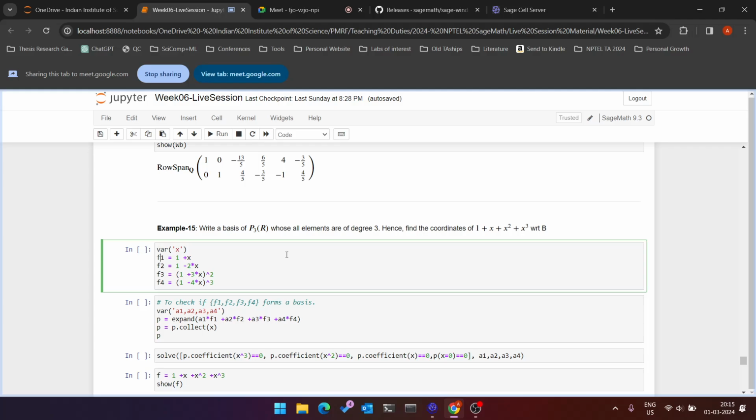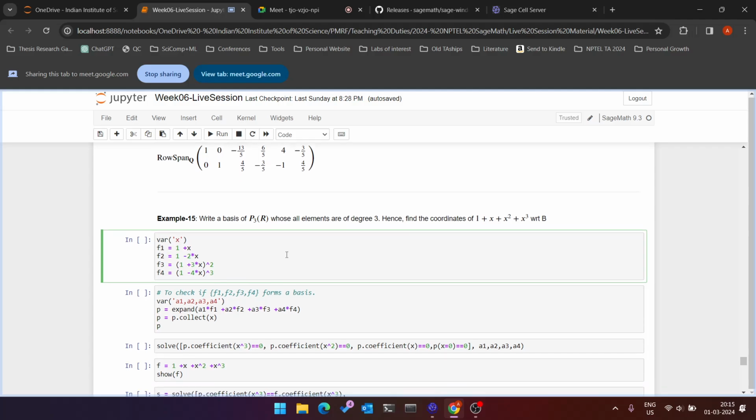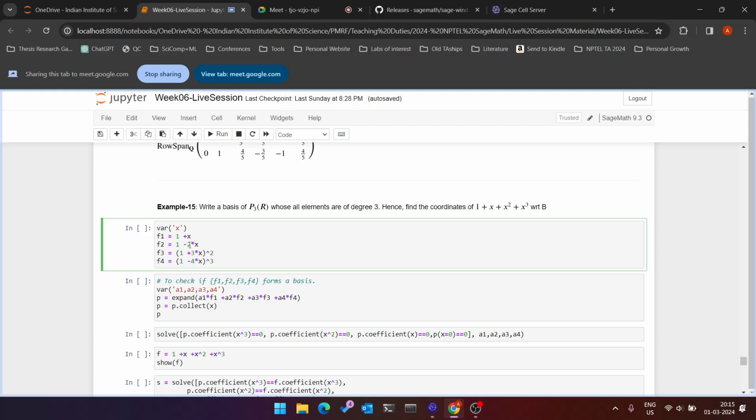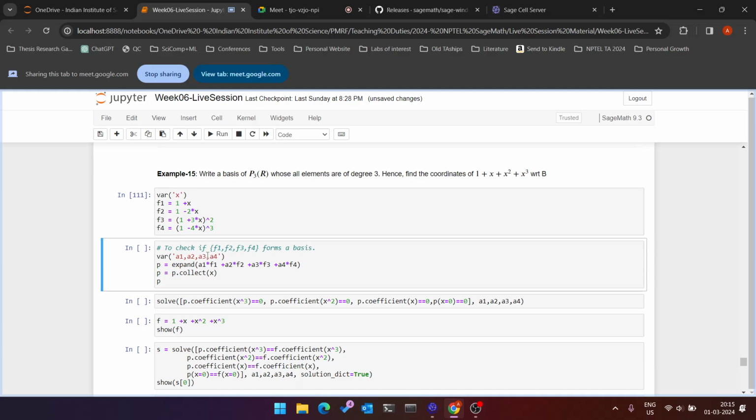We define variable x, and four different functions f1, f2, f3, f4, which are not linearly related. You can see that 1 plus x, 1 minus 2x, 1 plus 3x squared, and 1 minus 4x cubed. And now we want to check if f1, f2, f3, f4 really form a basis.